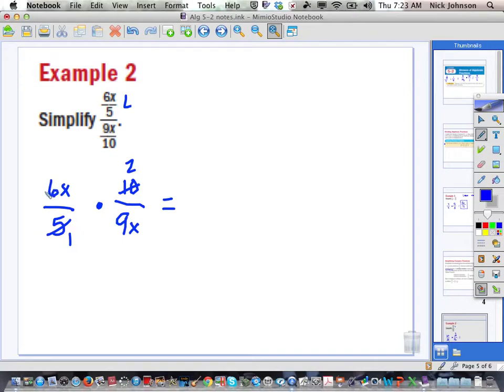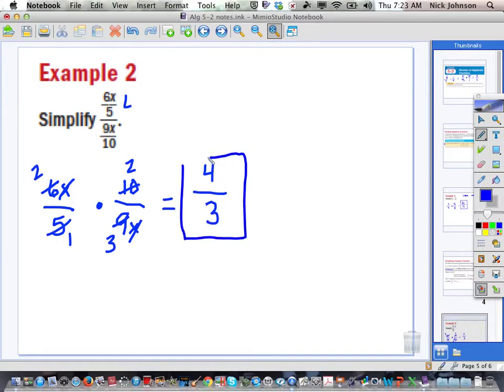Well, 3 does. So 3 goes into 6 twice. 3 goes into 9 3 times. This x will take out this x. All right? So 2 times 2 is 4. Divided by 1 times 3 is 3. So my answer is 4/3.